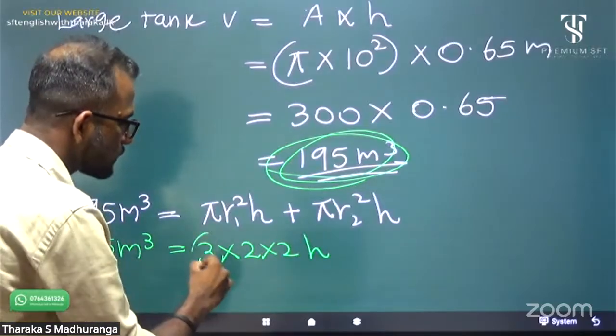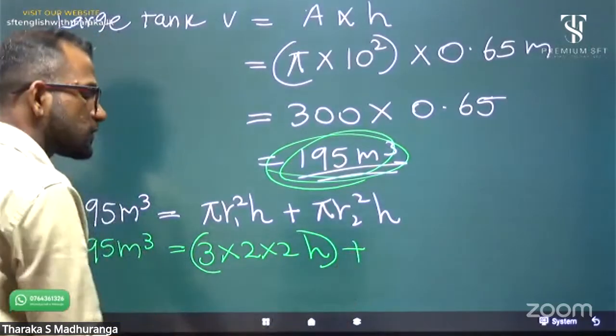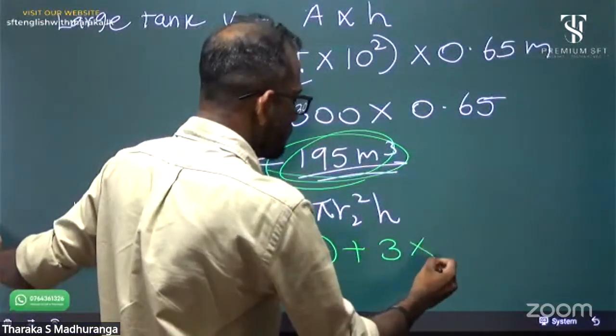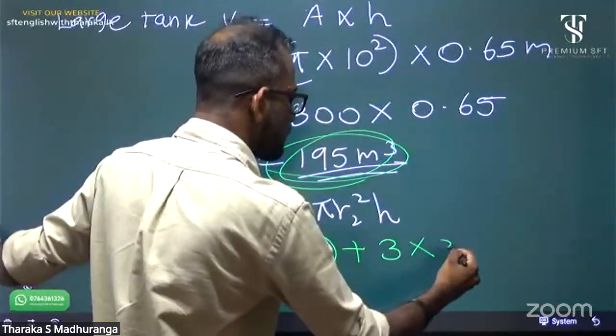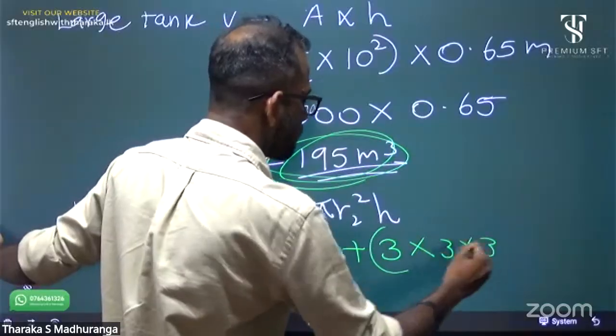We don't know h, right? Plus pi is 3, r2 is 3, so 3 into 3, we don't know h.